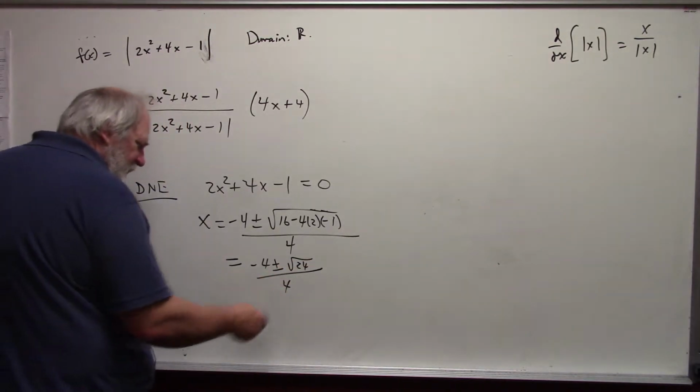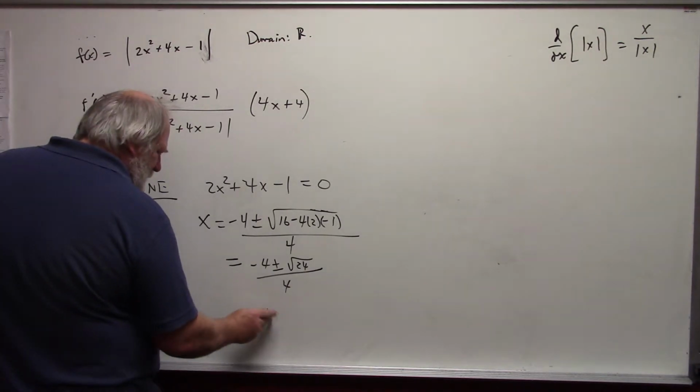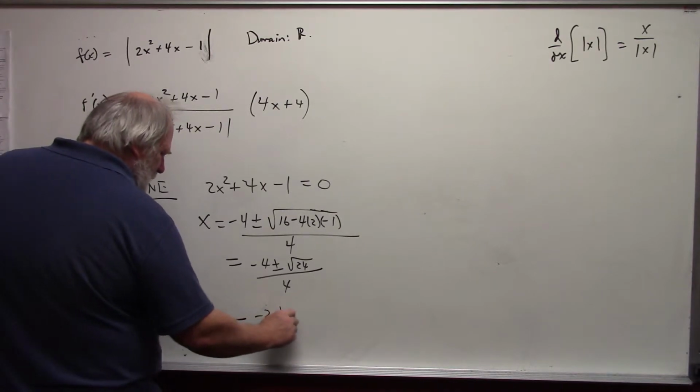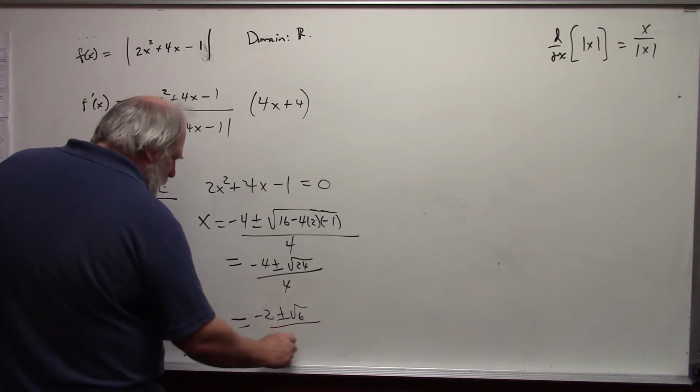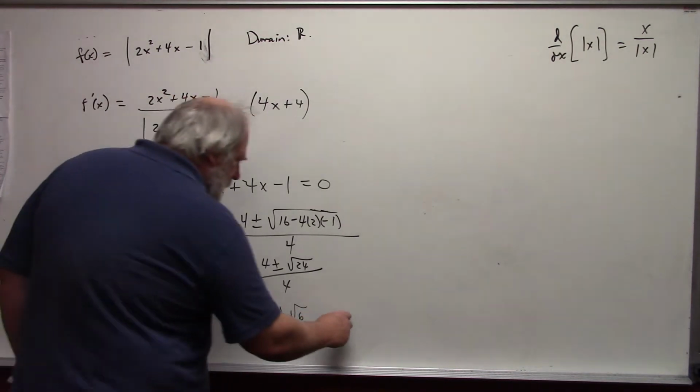And since the square root of 24 is 2 square roots of 6, this becomes negative 2 plus or minus the square root of 6 over 2. These are critical values.